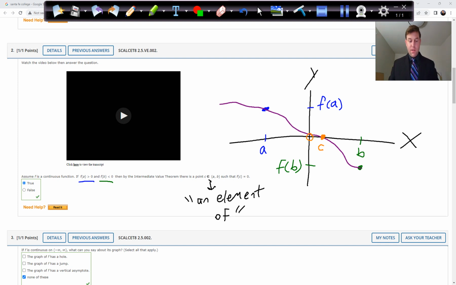So f of c is 0. So this is very true, and I could have drawn it in reverse. I could have written a below the x-axis and b above the x-axis, and I would still have to draw a line that would cross through the x-axis to get from f of a to f of b. So that's the intermediate value theorem with a picture, and that is correct, true.